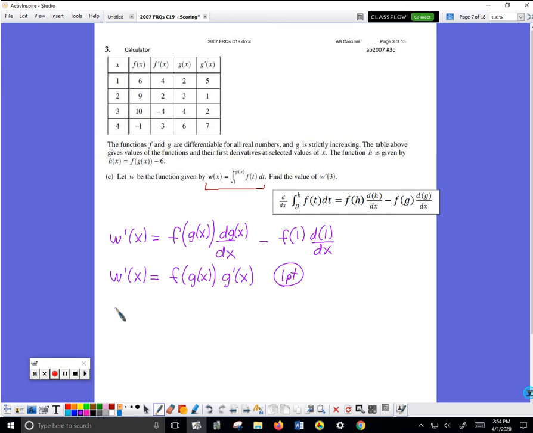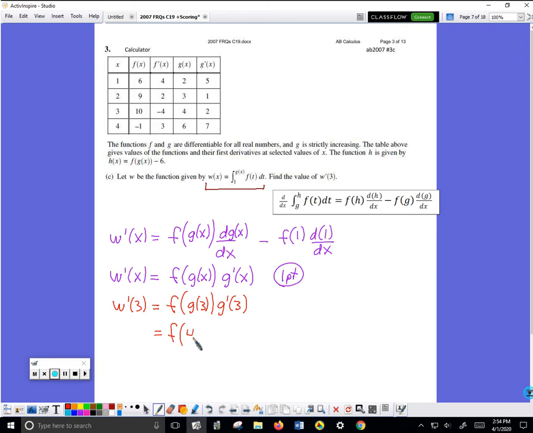Then you plug in x equal 3. g prime of 3 is 2. g of 3 is 4.